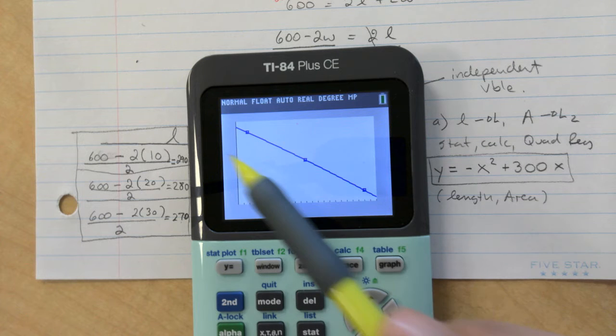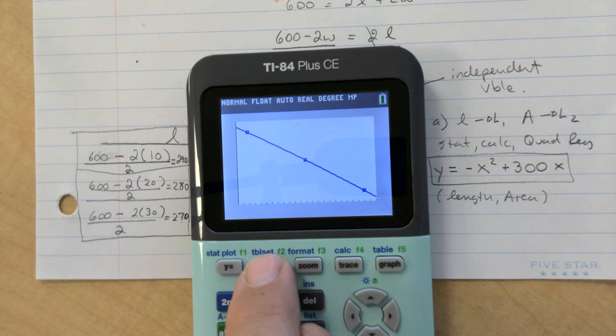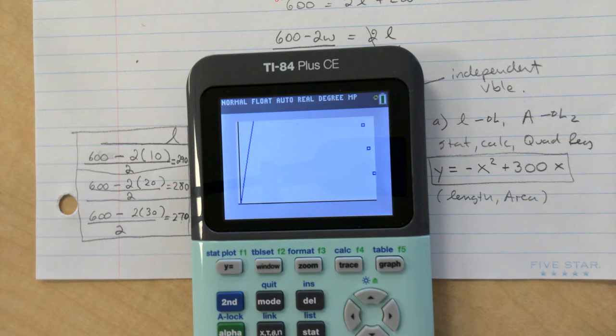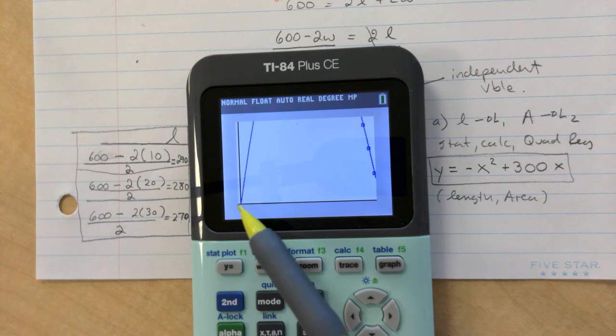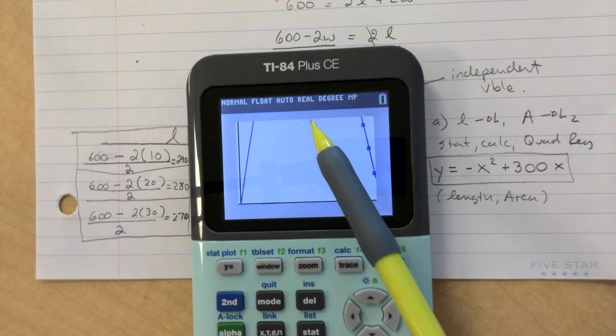It looks like a straight line, except you're going to go to Window, negative 5 for x-min and negative 5 for y-min. That's the first step. You hit Graph again, because that makes sure you see the origin, and then we'll increase whatever we need to. My y-max needs to be increased quite a bit, and the x-max a little bit.